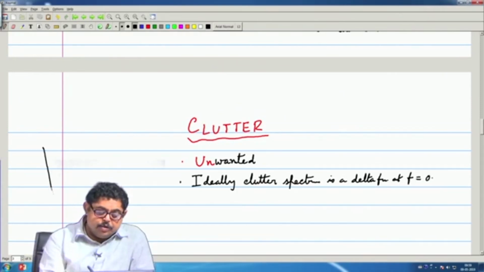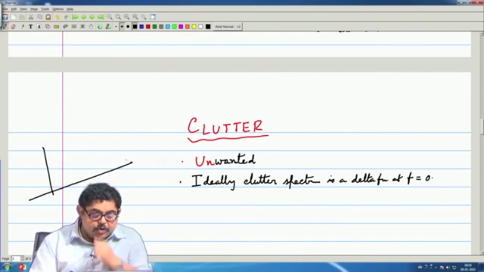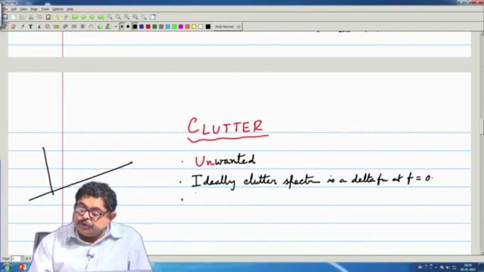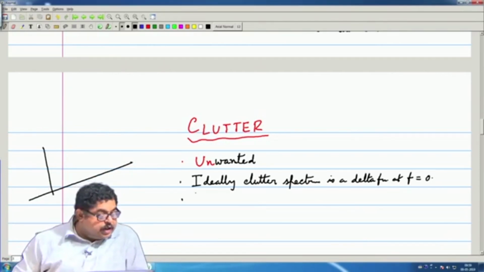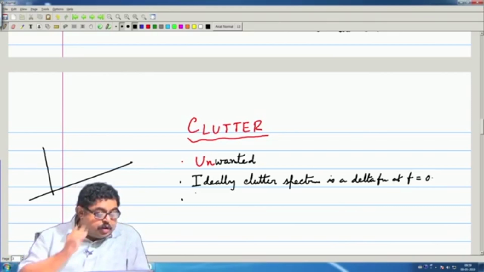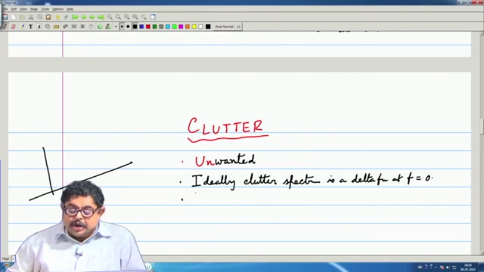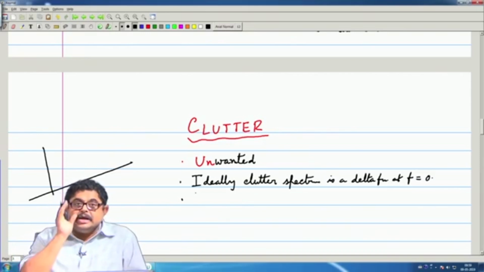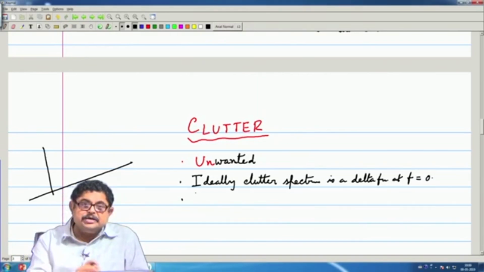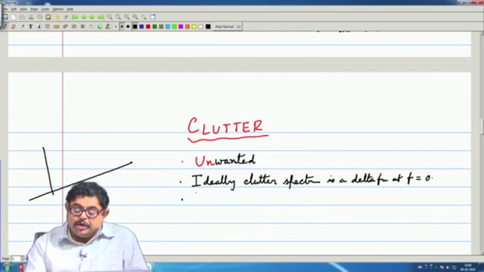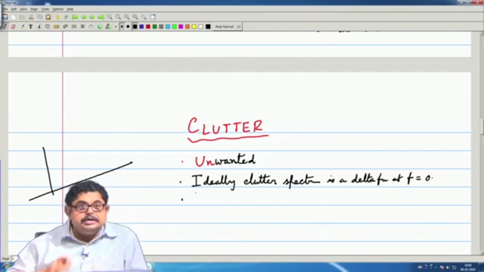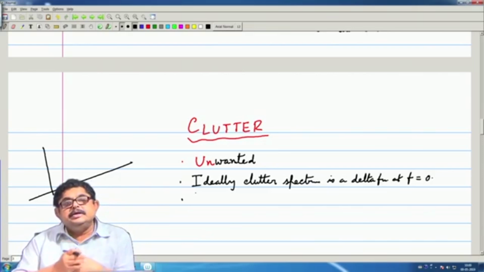So, if I draw the spectrum, I will come there. But in reality you will see that clutter does not have a delta function, it has a spread. Why? Because there is a limited relative motion with respect to the radar.